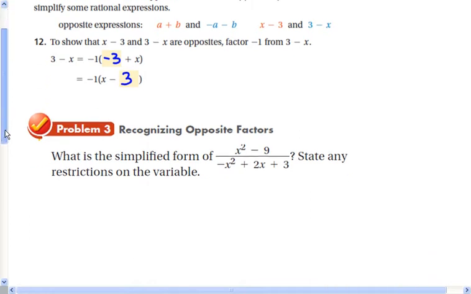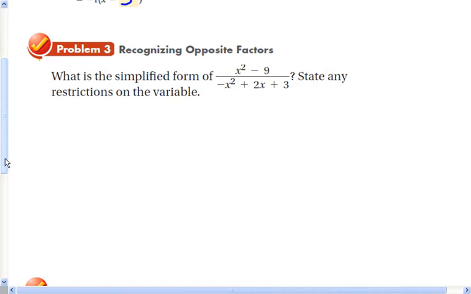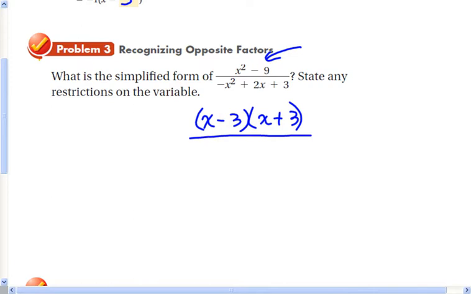All right, so what is the simplified form of this rational expression? So let's just take a look at factoring this first and see what it looks like. The numerator can be factored. Notice that that's the difference of two squares, so we can do x minus 3 times the quantity x plus 3 for the numerator. And then the denominator, we're going to factor like this.